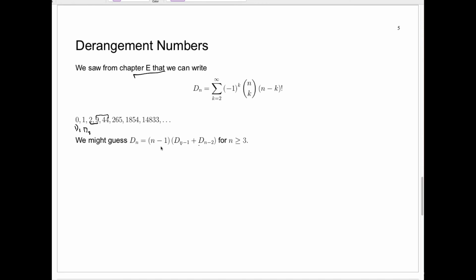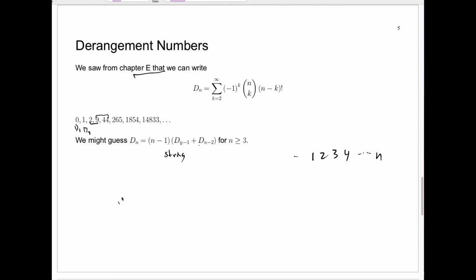So we're going to think of the string 1, 2, 3, 4, all the way up to n. So I have a string of n distinct letters. And we want to ask, how many derangements are there?